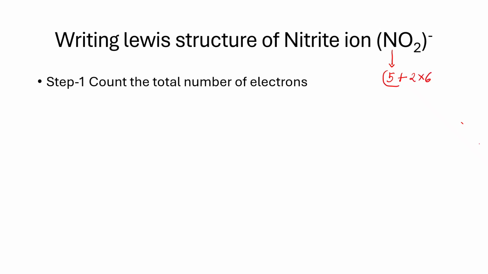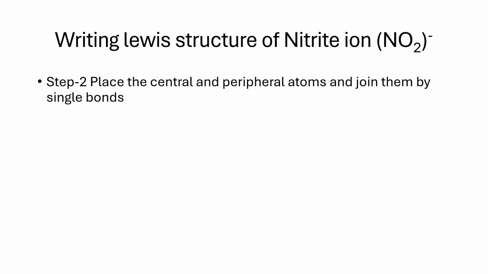And because this is not a neutral entity, this is a charged entity, we add the charge. So the total number of electrons amounts to 5 plus 12 plus 1, that means 18 electrons. So our overall Lewis structure needs to account for these many electrons.